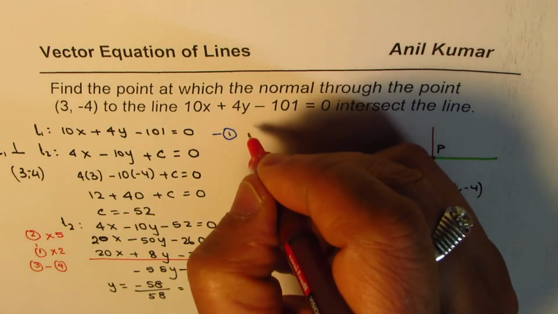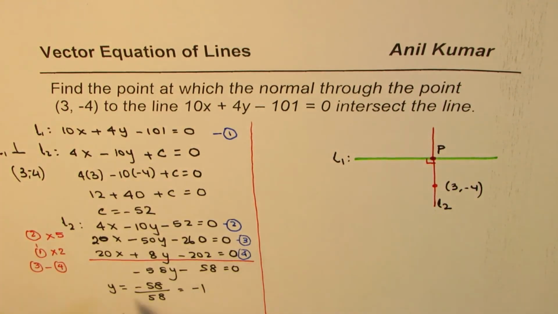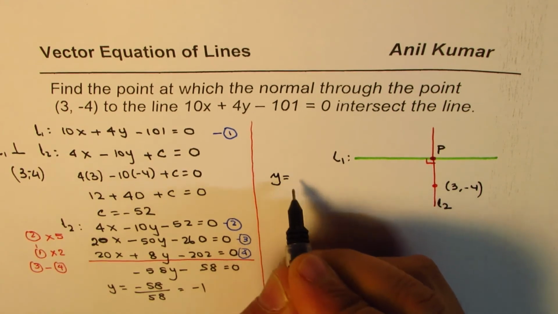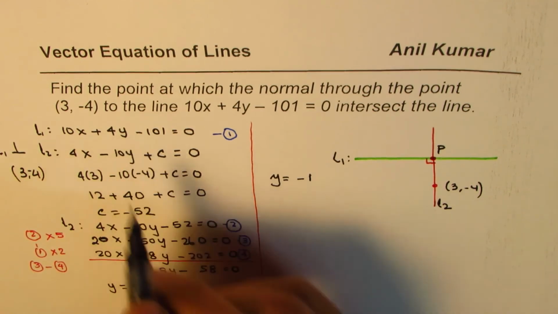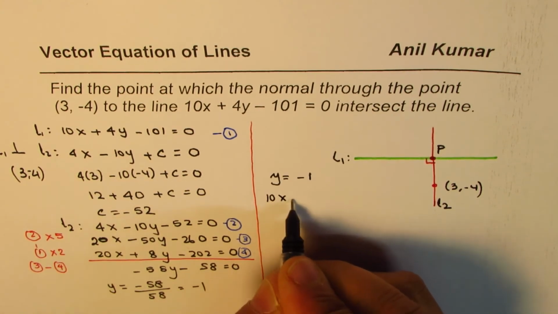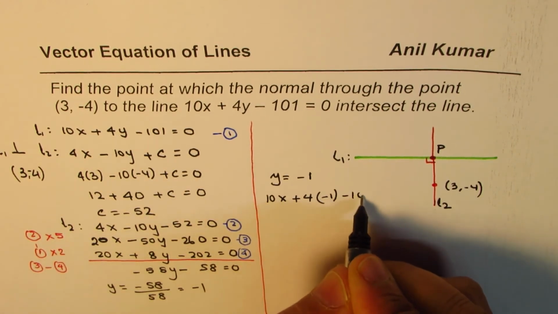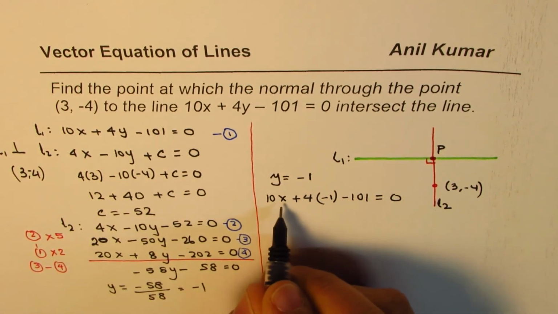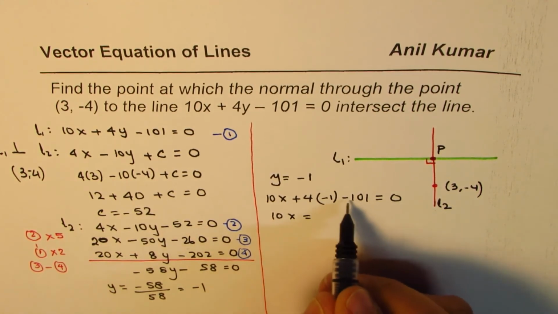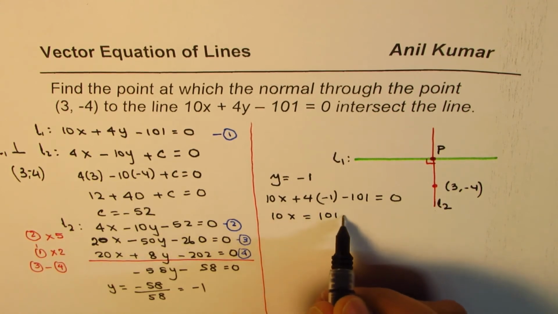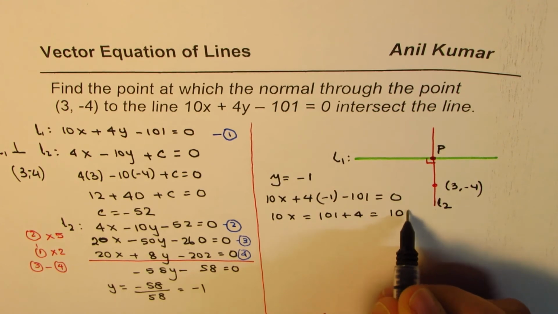Now we can calculate what x is using one of our equations. What we've just found is y is -1. If I substitute this value in the original equation, 10x + 4 times y, so I'm substituting -1 here, minus 101 equals 0, we can find what x is. So we get 10x equals 101, this becomes plus 4, which is 105.